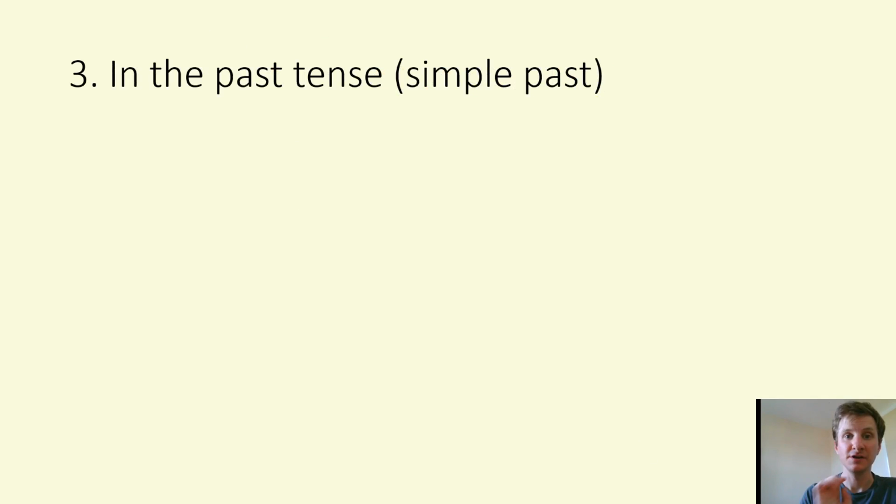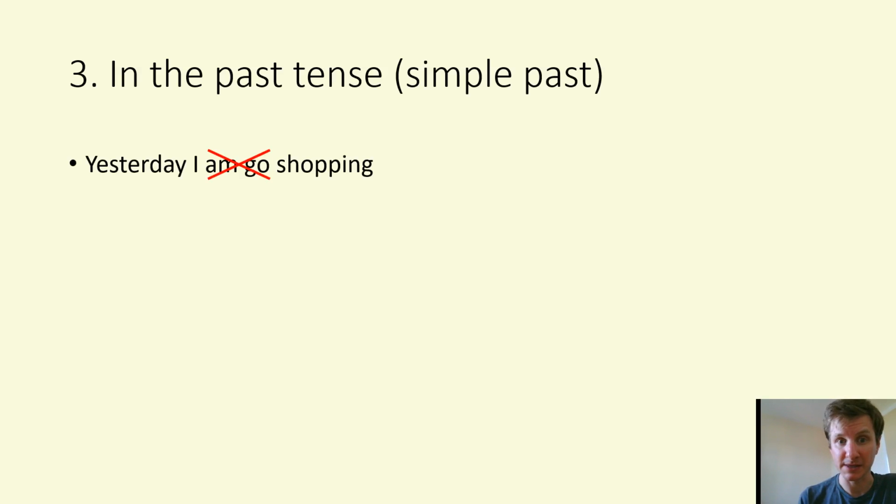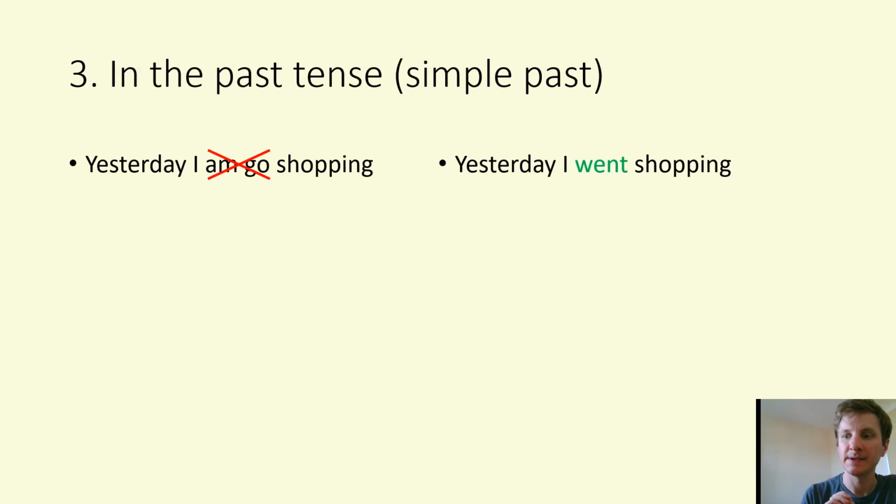And finally, number 3, do not use the be verb in the past tense. And I'm talking about the simple past here. For example, yesterday I am go shopping is wrong. You should say, yesterday I went shopping.